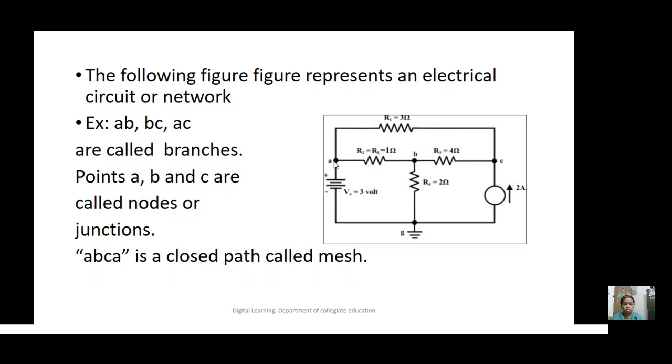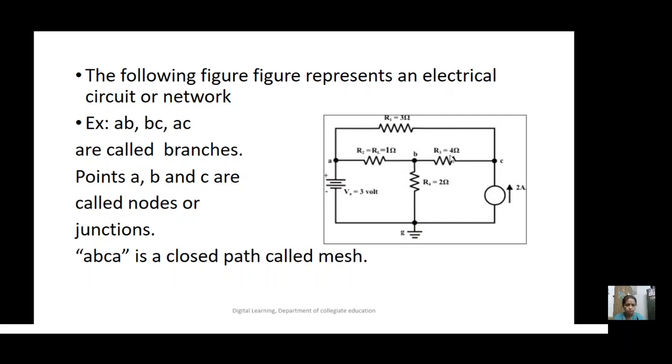A is a junction where the two branches are meeting. B is another junction where you have three resistances meeting, R2, R3 and R4. The current that is coming towards B gets divided between R3 and R4. C is like that. C is another junction. G is the ground point and we have a source here.